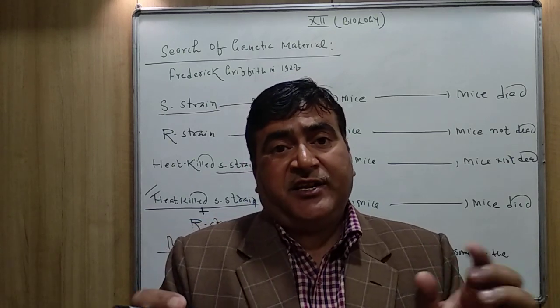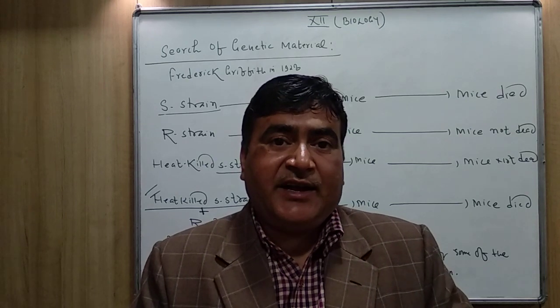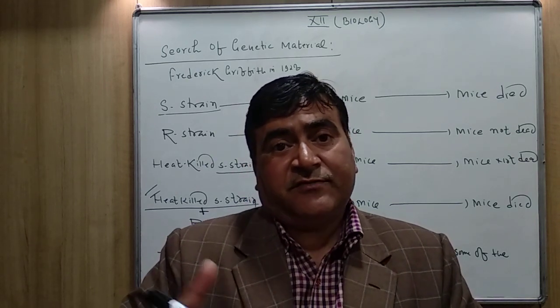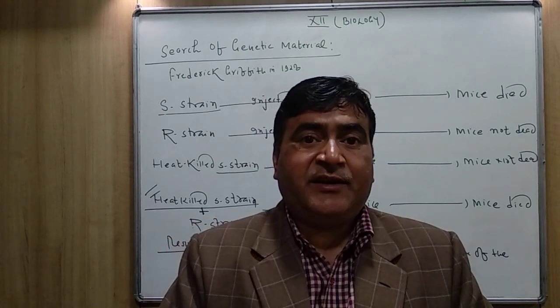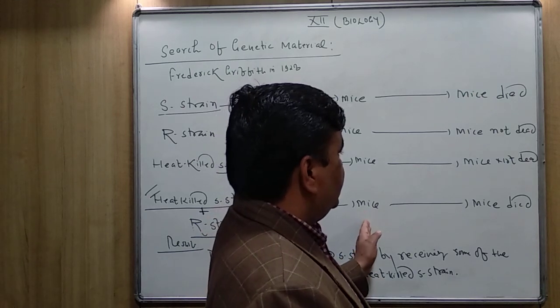Maybe the R strain again formed the mucopolysaccharide outside, and finally it transformed into the S strain, and that's why the mice died.